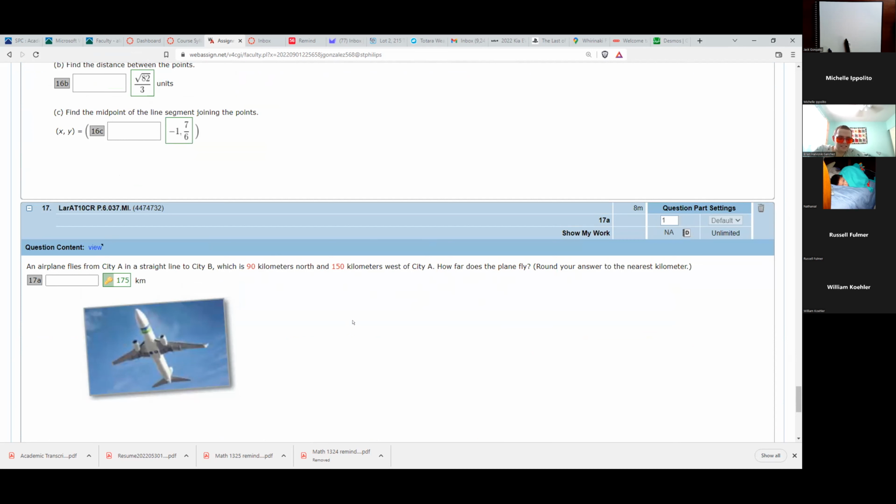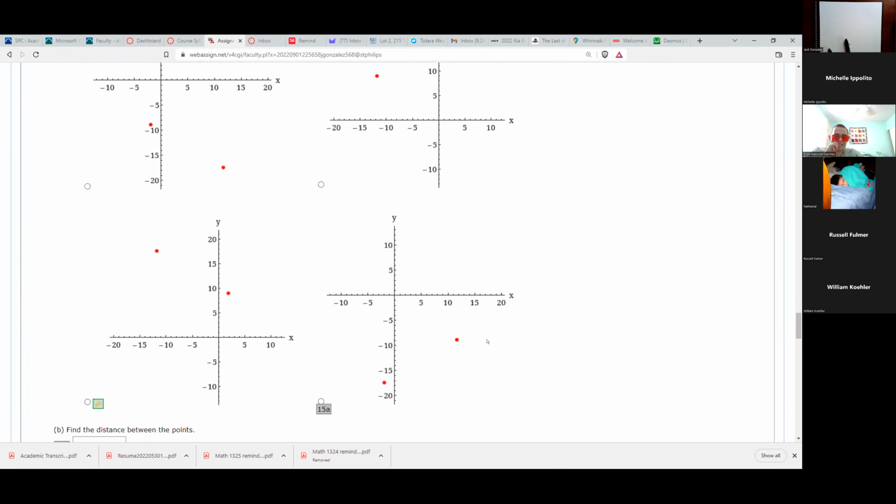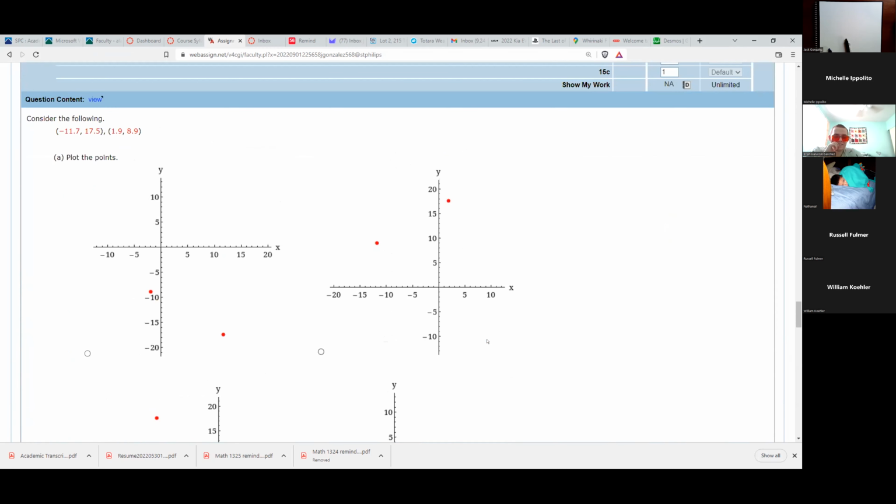A question I have is what do we put if it's not asking for decimals? It doesn't matter. Here it tells you to round, so you'll know exactly what to do. Over here, it wants exact numbers. So no rounding. If it doesn't mention rounding, assume exact.